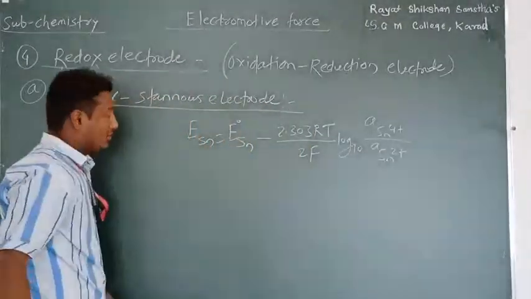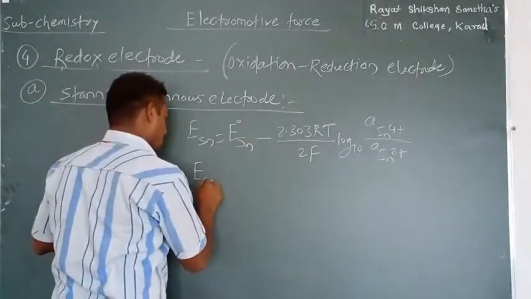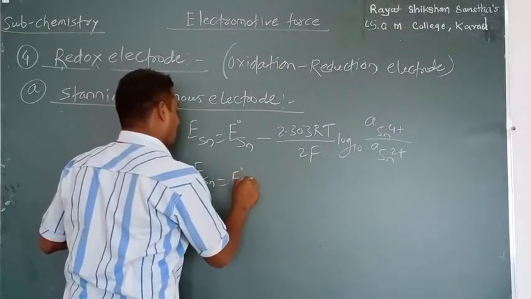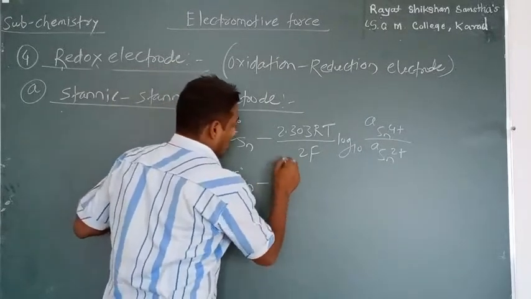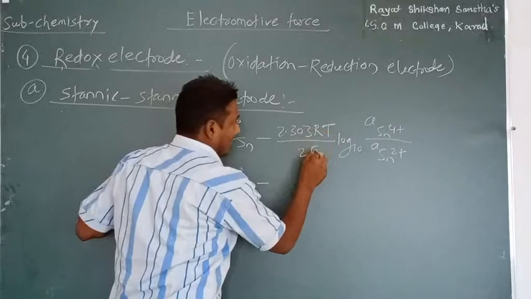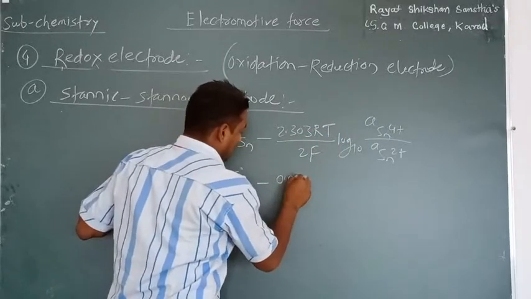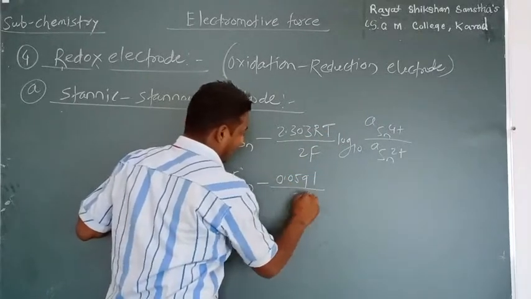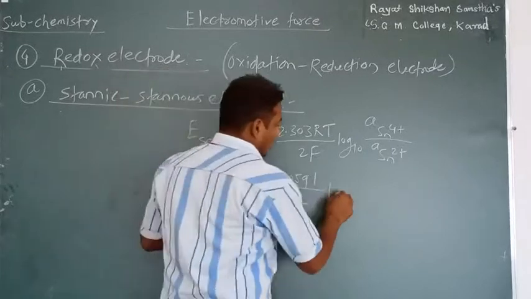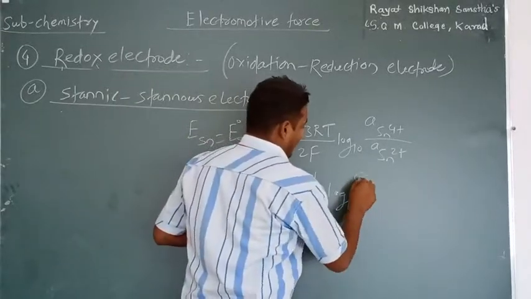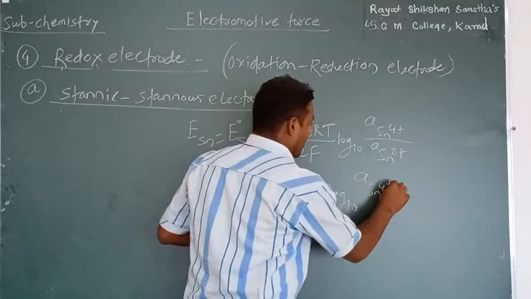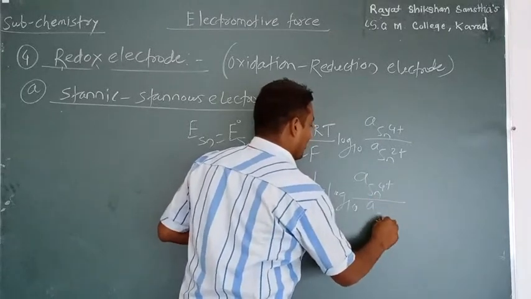We can further solve this equation by putting down the value of 2.303 RT divided by F, that is nothing but 0.0591 divided by 2 log to the base 10 activity of Sn4+ divided by activity of Sn2+.